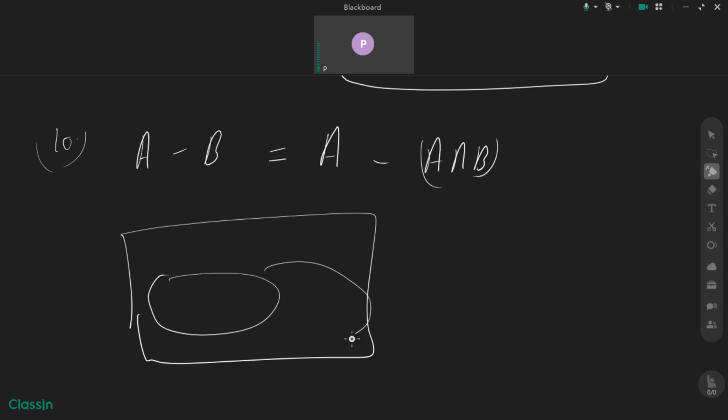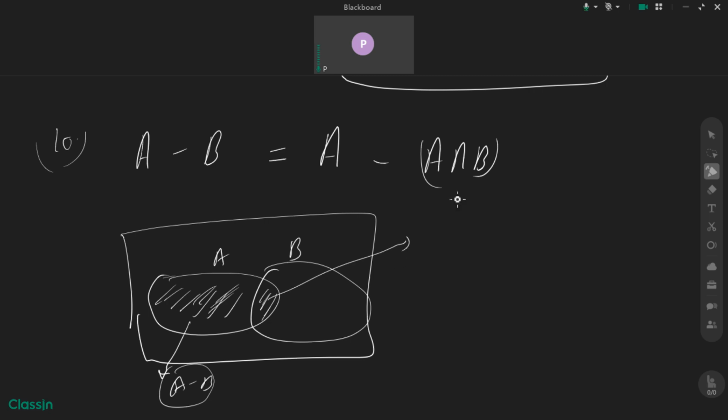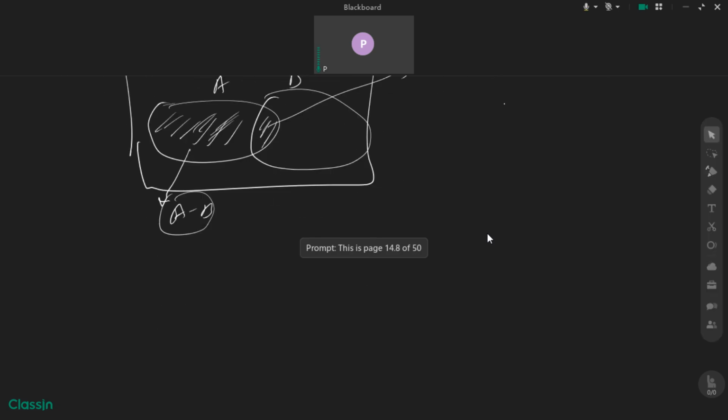Let us say it is A and B. We know this is A intersection B, and this is complete A. So A minus B will be equal to complete A, and we have to subtract A intersection B to get A minus B. Let us see the next result.